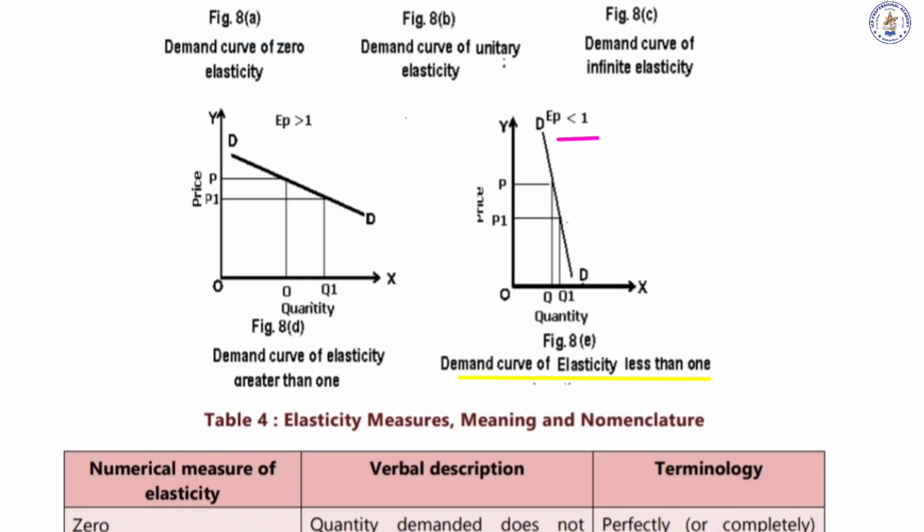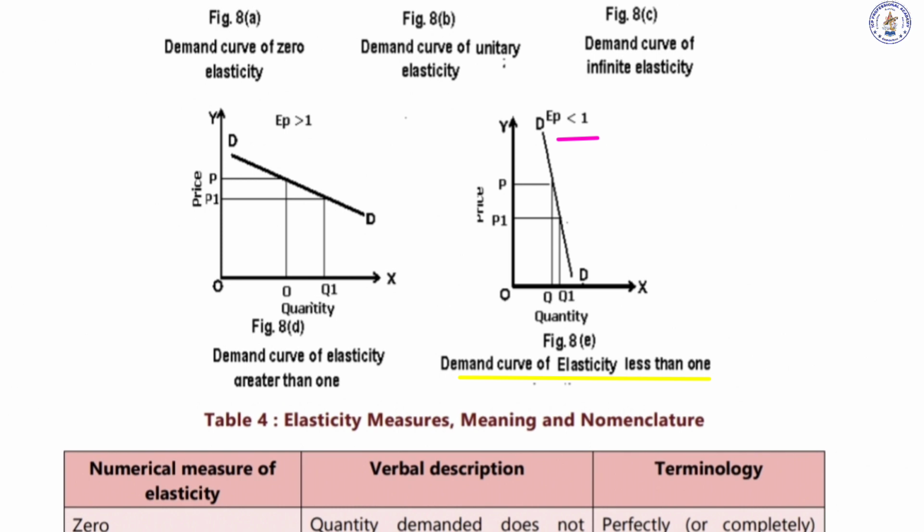Now we come to figure 8E. That is, EP is less than 1. What is less than 1? It is greater than 0 but less than 1. That is, the quantity demanded changes by a small percentage. For a big price increase or decrease, there is not much change in the quantity demanded.